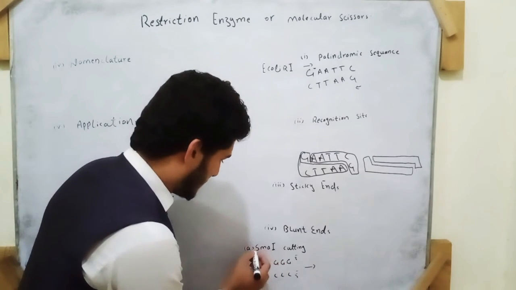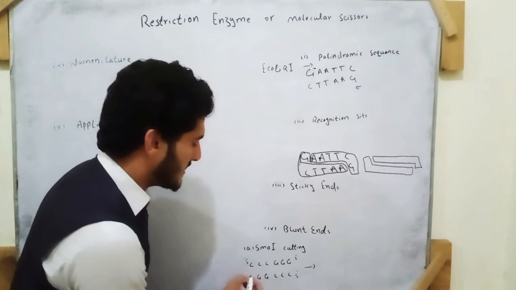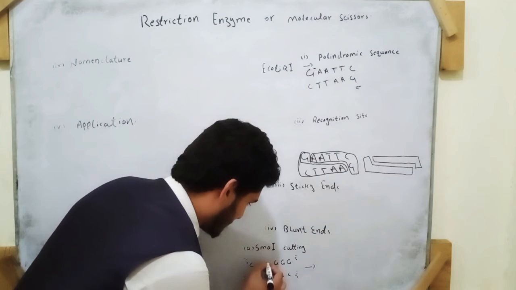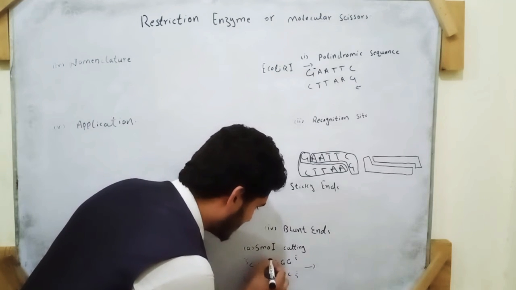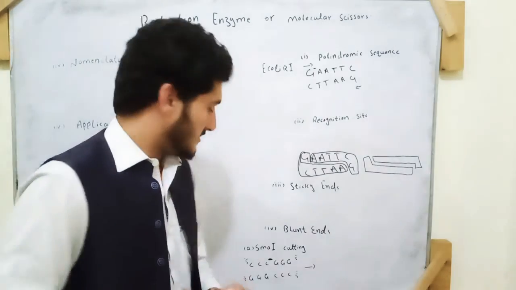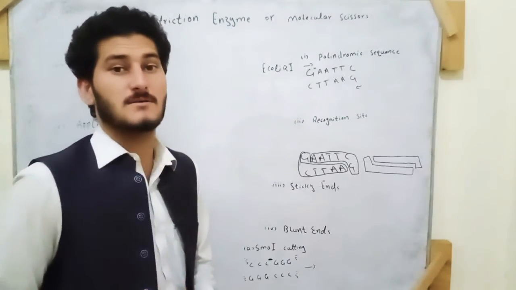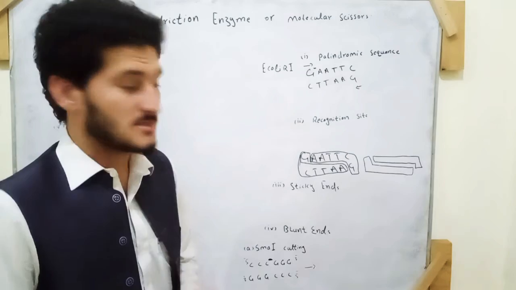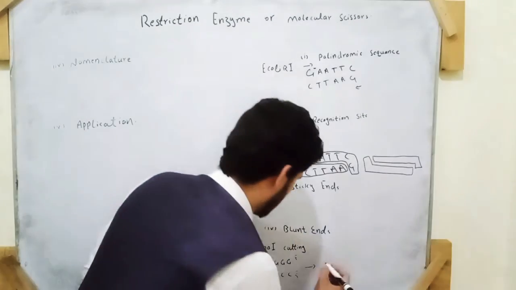When the SmaI enzyme attaches to this recognition site, it directly cuts at the central point and makes two blunt ends like this.